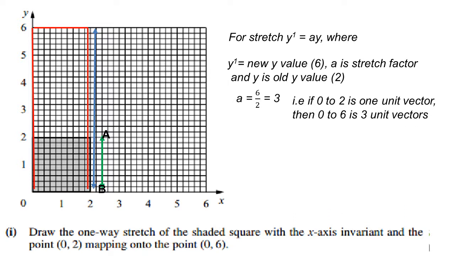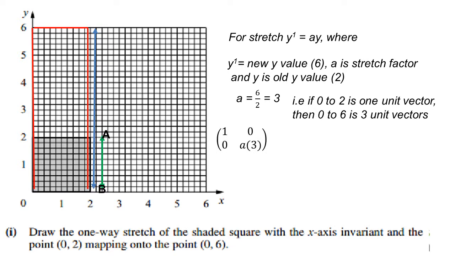So what we're actually doing is, if we say we've got a previous unit matrix of 1, because from 0 to 2 is 1 unit, then from 0 to 6 now becomes 3 units, hence the 3 there.